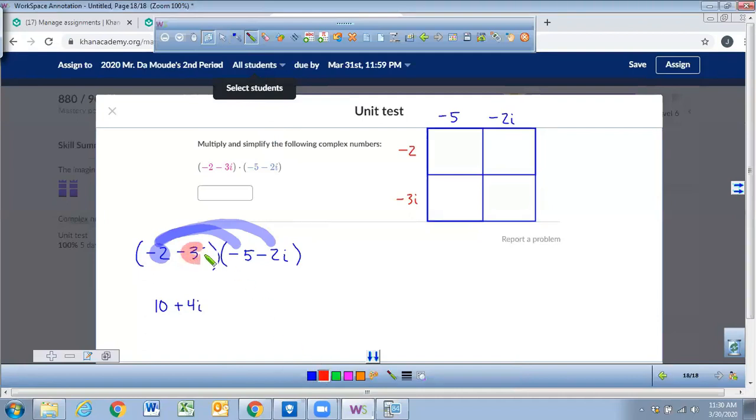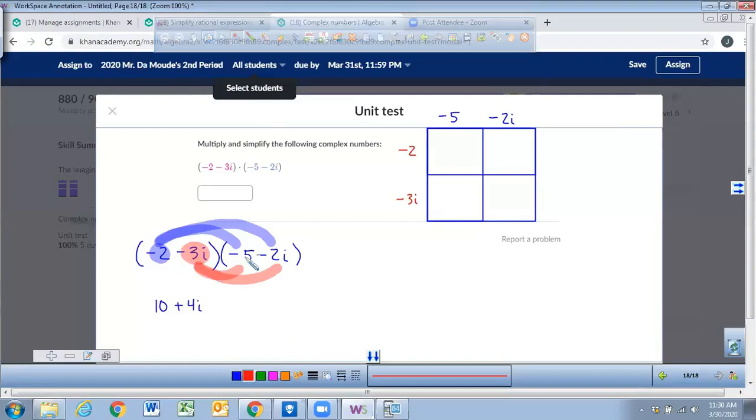We're doing the FOIL method, then we do this right here, inside. I'll do this in red. We have -3i times -5, which is a positive 15i. And -3i times -2i is a positive 6i squared.